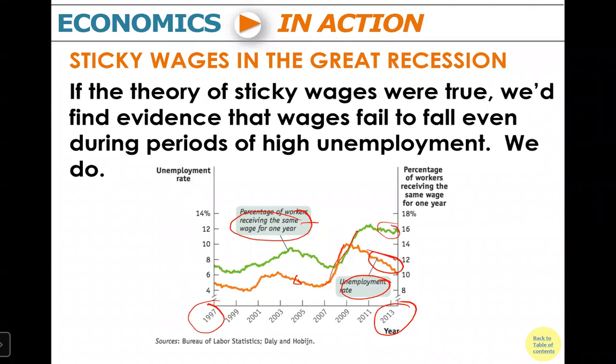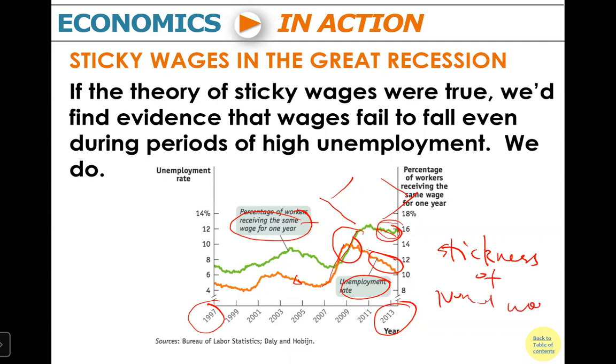But instead of increasing, it doesn't change, even declines. So here this is supposed to decline, and here this is supposed to increase. But instead, this part increases and this declines. So that is evidence of the existence of stickiness of nominal wage. It does exist.